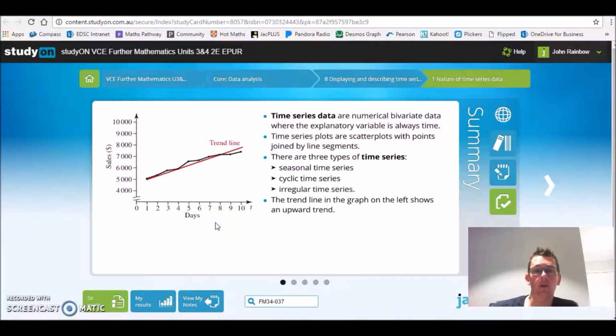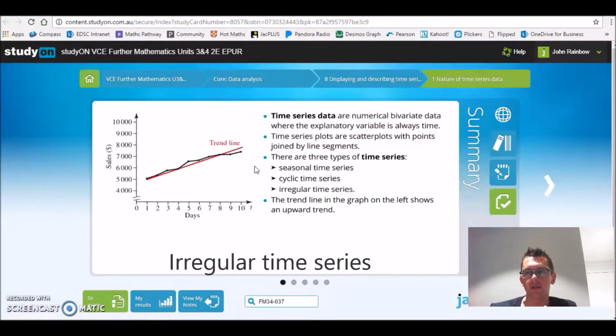So what are time series plots? Time series plots are basically a scatter plot, and then we join the points with lines, just like this one here as an example, showing the days, in this case, and sales. And then we just join those dots by line segments as well. There are many different types of time series, and we're going to look into those a bit more in depth. Some of those are the seasonal time series, cyclic time series, and a regular time series.